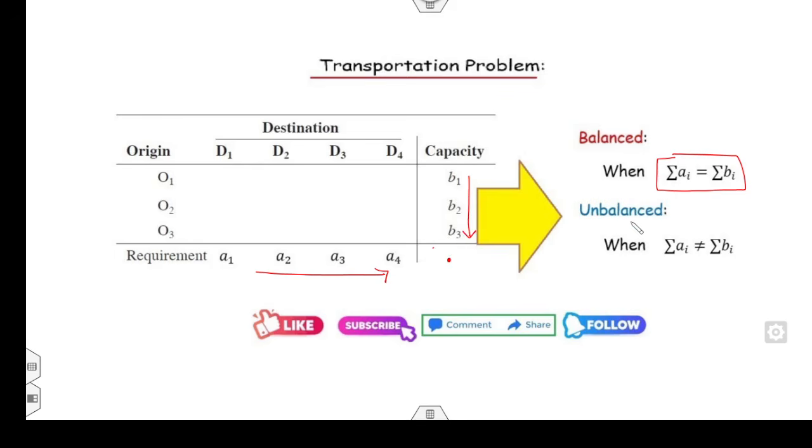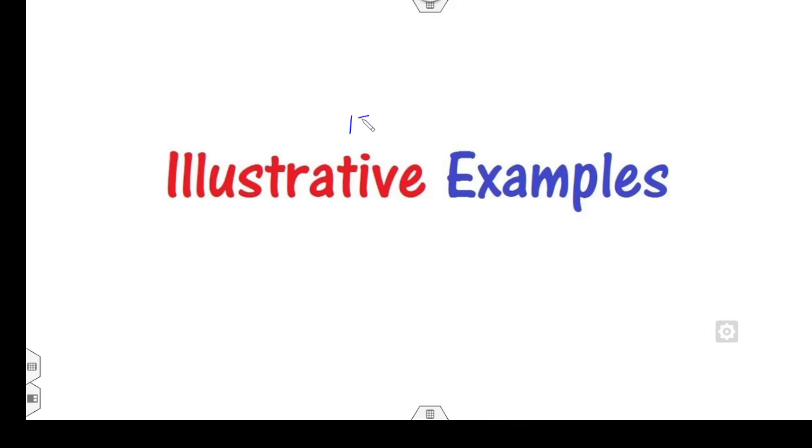On the other hand, the transportation problem is said to be unbalanced whenever they are not the same. And whenever the transportation problem is unbalanced, then your target is to convert it into a balanced transportation problem. I will explain all these concepts with the help of 15 plus numerical examples in this lecture.